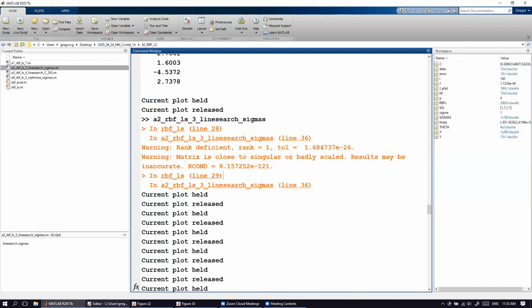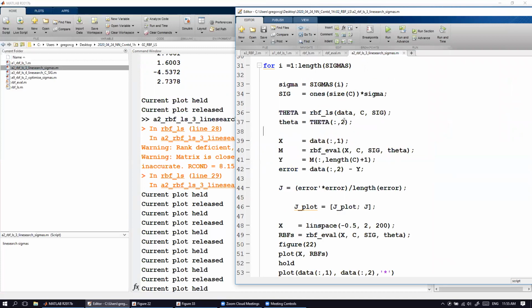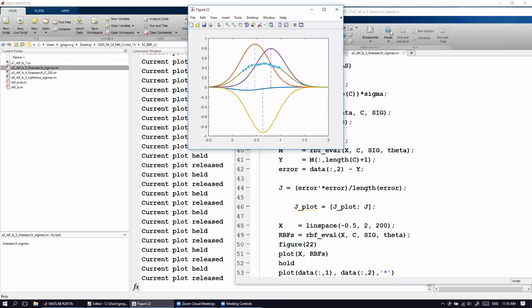So let's switch from the least squares algorithm to using the pseudo inverse, like that, and let's run that again.